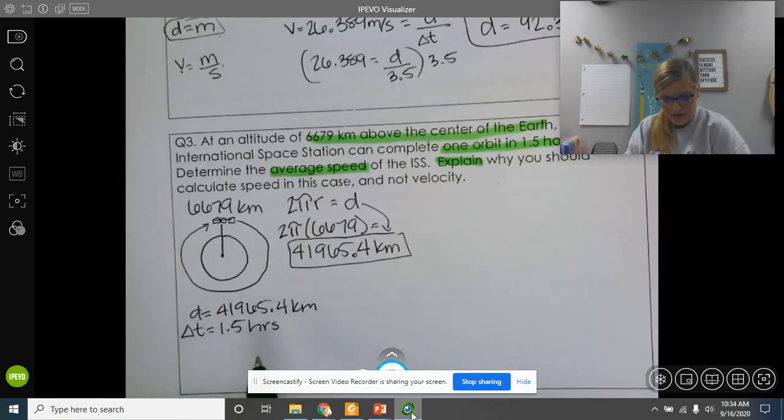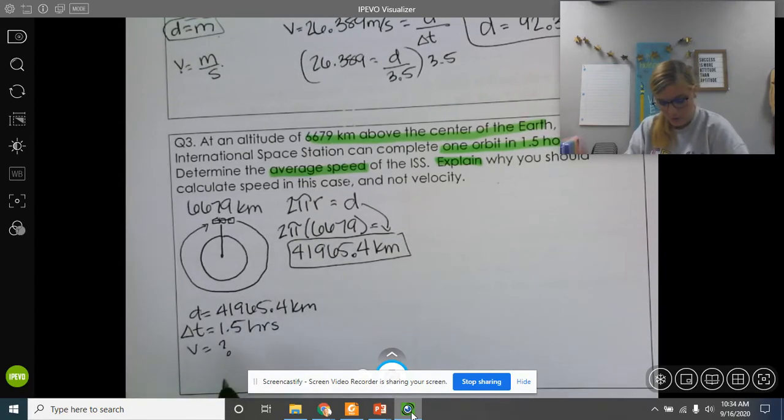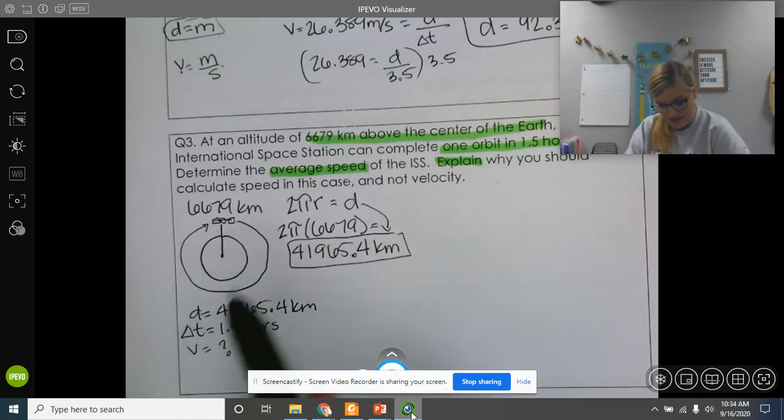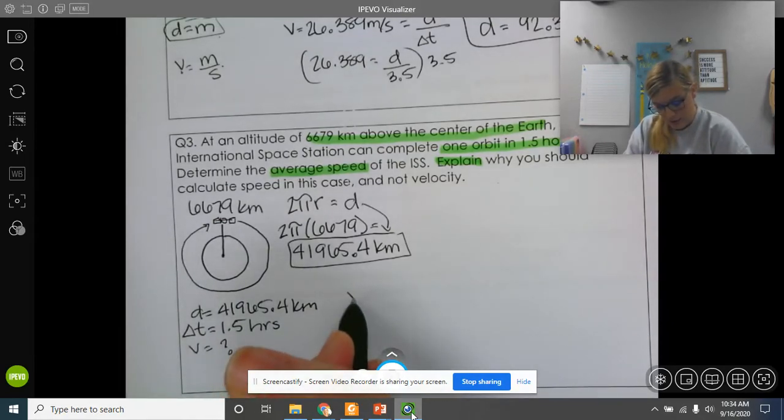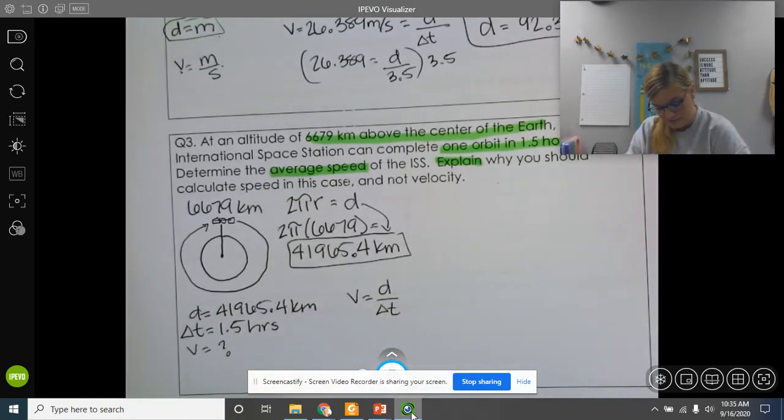And I know that my velocity or my speed can either be in meters per second or kilometers per hour. So I'm all set up here. So I want to know what the speed is. And it tells us average speed. So I know that this is actually what I'm going for. So my speed equals d over delta t.